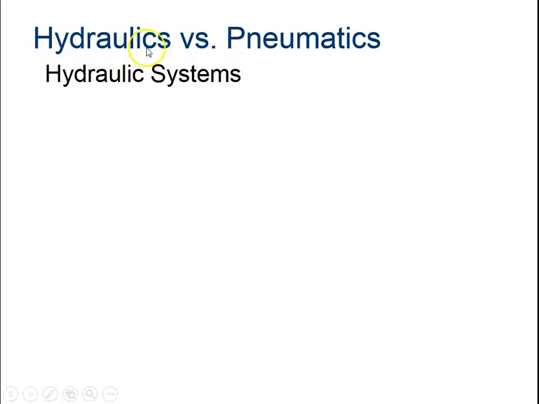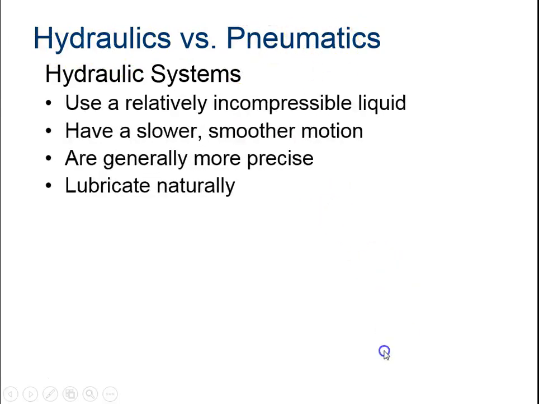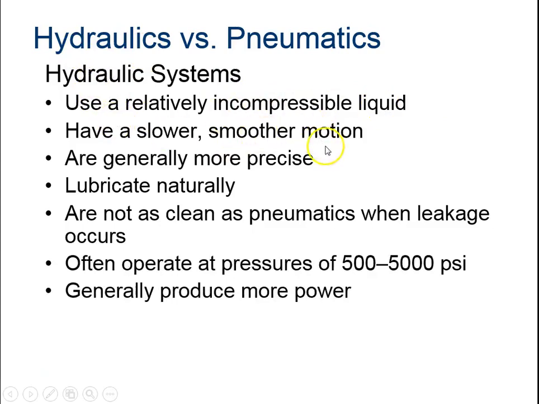Now, comparing hydraulics, which is liquid, to pneumatics, which is gas, we see a number of comparisons here. Liquids are less compressible, so they're smoother and slower motions, but they're generally more precise and we get more power out of them. They do operate at lower pressures.